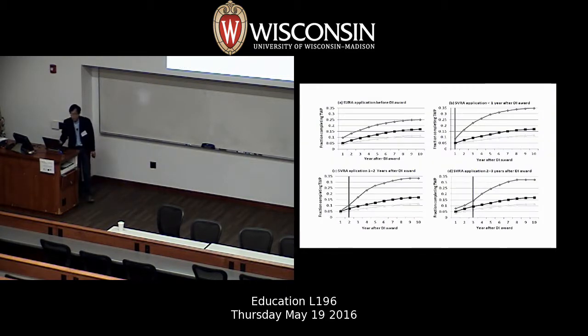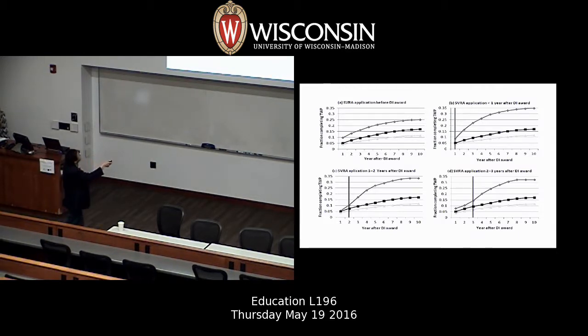Since I'm not Paul, I don't have a video to show you, but at least I have a graphic, okay? You can see that the group that received stable career services actually has a much higher rate of trial work period over the 10-year period compared to the matching group, okay?